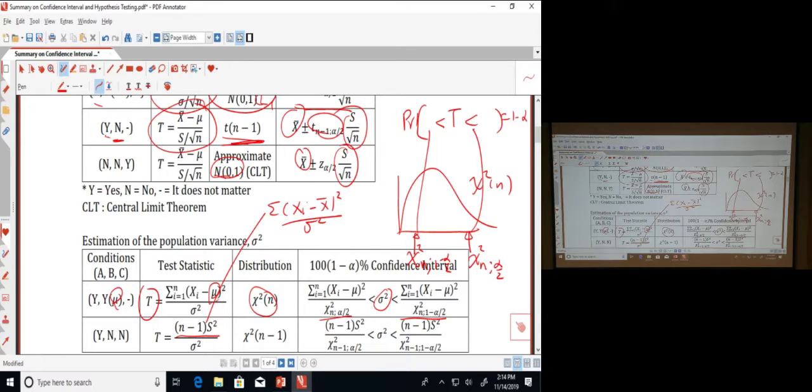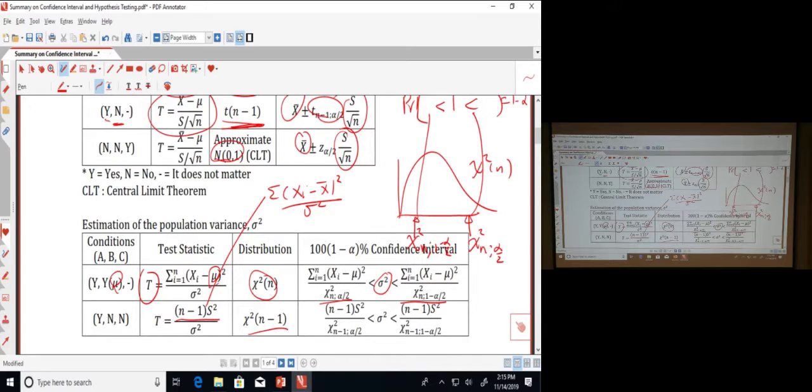So I just replaced the mu by x bar, then I got a test statistic, and this follows a chi-square distribution but with different degrees of freedom, n minus 1. So I just copy and paste the above formula and change two things: because mu is not known, I replace it by x bar, and replace the degrees of freedom from n to n minus 1.